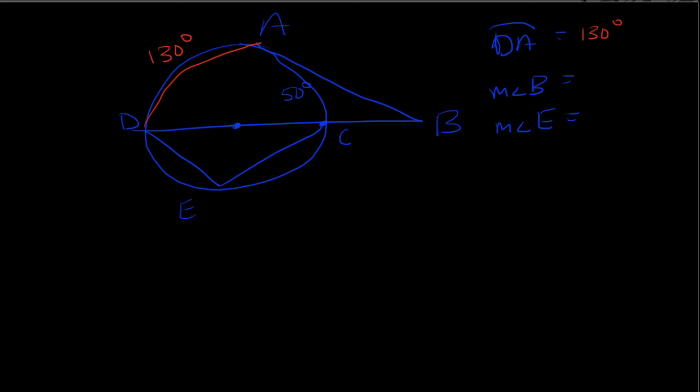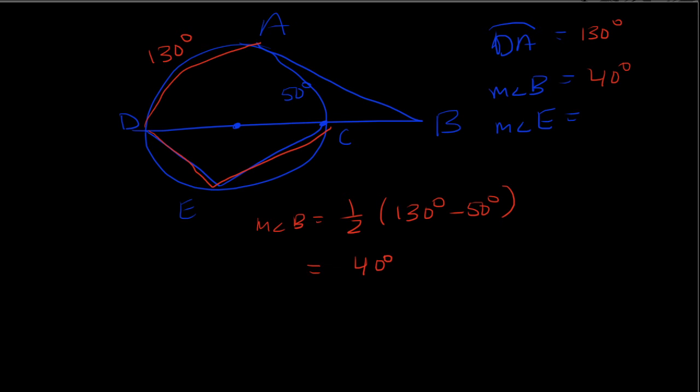Measure angle B will be 1/2 the difference of 130 and 50. So that would just be 40 degrees. Measure angle E. Well, let's look at what measure angle E is. That arc for measure angle E is the arc DAC.